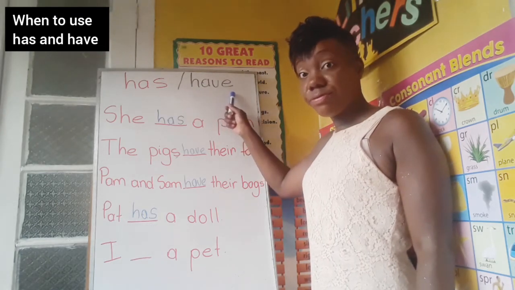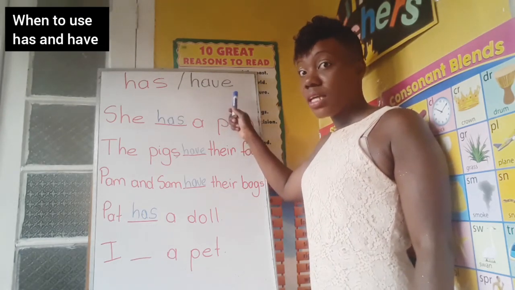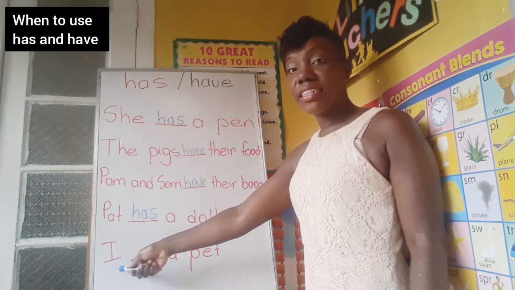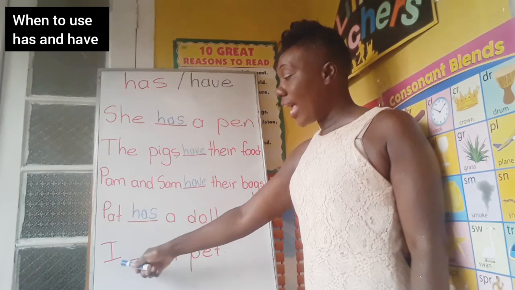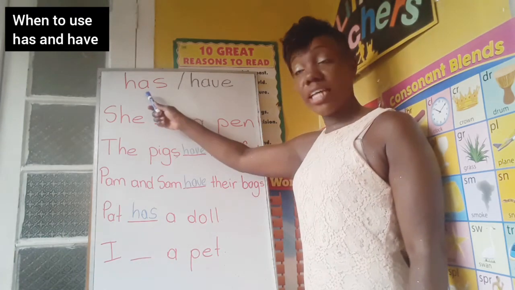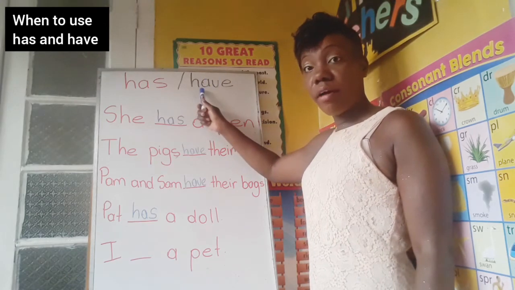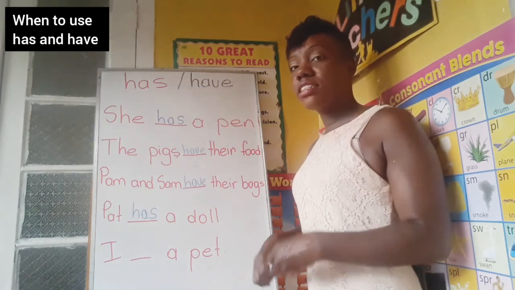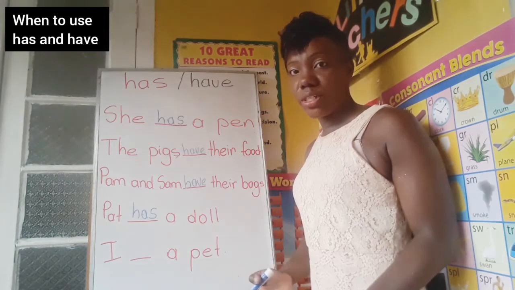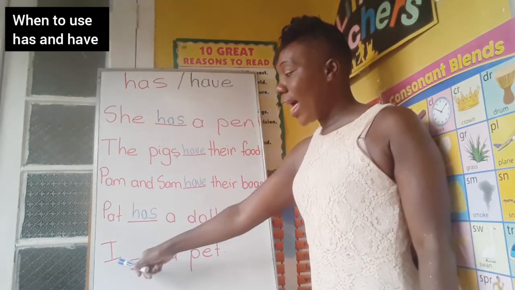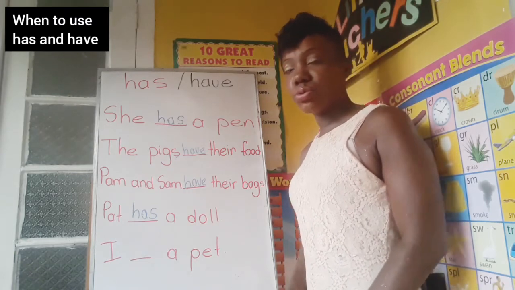Have. Very good. Yes, boys and girls, it is confusing because we know that I is singular, right? So maybe you're saying that we should use has, but the correct word is have, and that's a rule for the English language. So you use have with I and you.